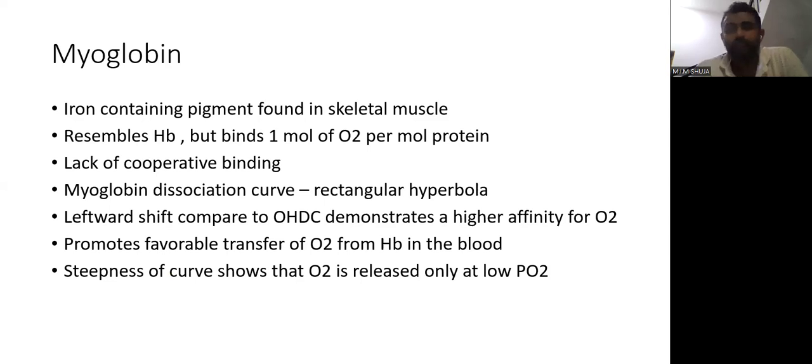And we'll see what is myoglobin. Myoglobin is also an iron containing pigment. It resembles hemoglobin. It's found in the muscle. One molecule of it binds with one mole of oxygen, not 4 moles of oxygen. So it lacks cooperative binding. So the curve of the myoglobin is a rectangular hyperbola.